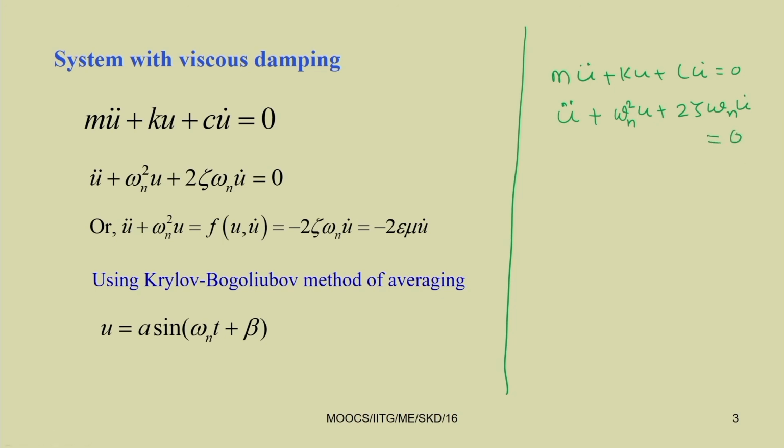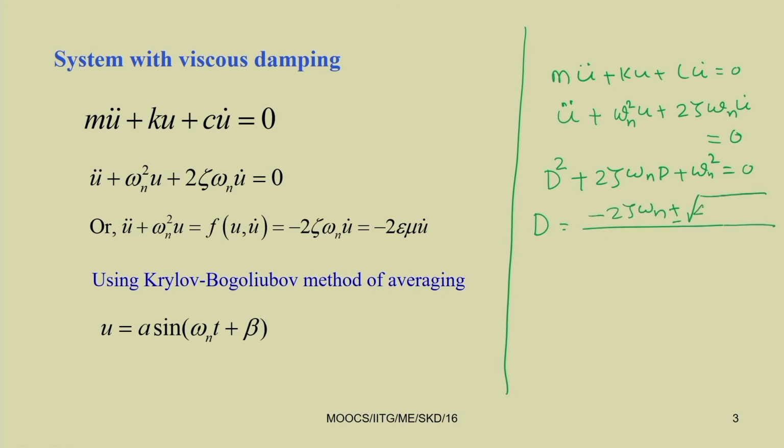The solution of this equation we already know by writing down the auxiliary equation. In this case the auxiliary equation is d square plus 2 zeta omega n d plus omega n square equal to 0, and we know the root d will be equal to minus b plus minus root over b square minus 4ac, by 2a.